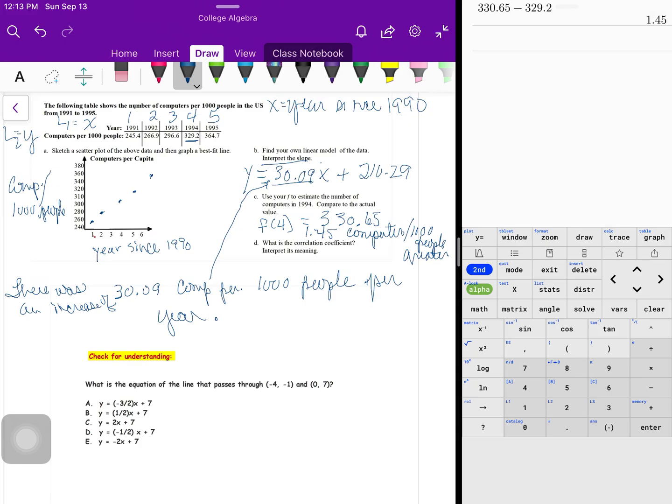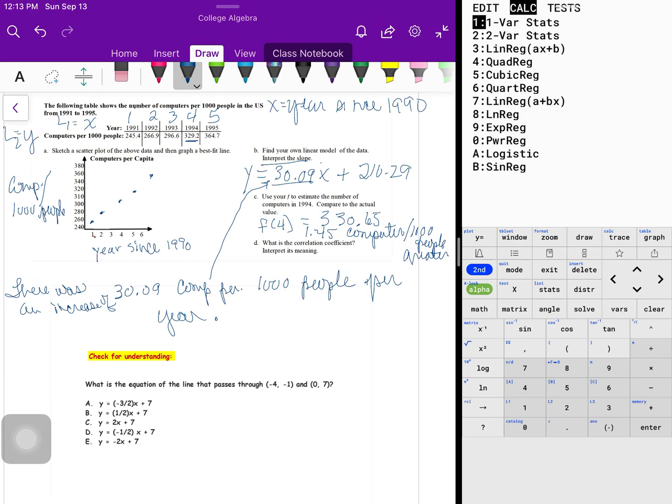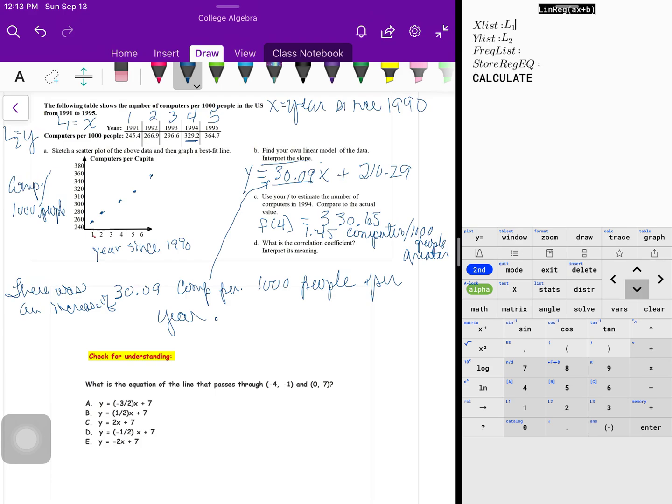What is your correlation coefficient? Well, again, we need our equation. So I'm going to do my stat, calculate, linear regression, and when you're using the graphing calculator here on your iPad, you don't need to turn your R on. My R is 0.9961. So interpret the meaning.